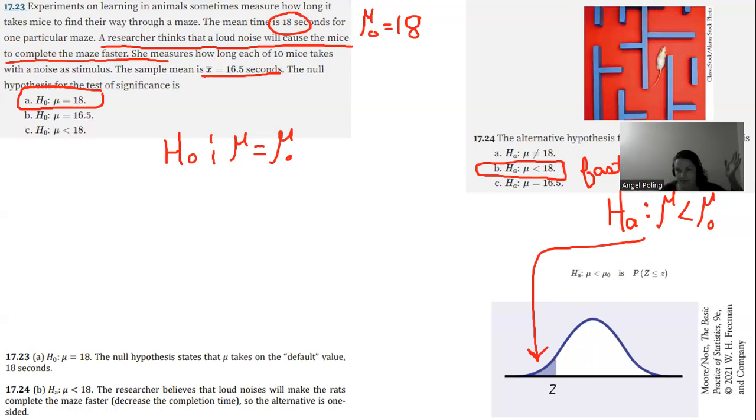Everything's the same as it always was, versus what the researchers think. So you always look for what the researchers think is going on and then articulate that into an alternative hypothesis. So here they say the researcher believes that loud noises will make the rats complete the maze faster, therefore decreasing the completion time. So the alternative is one-sided.